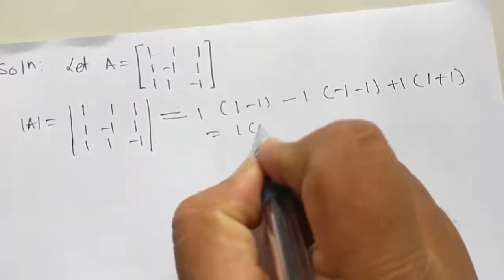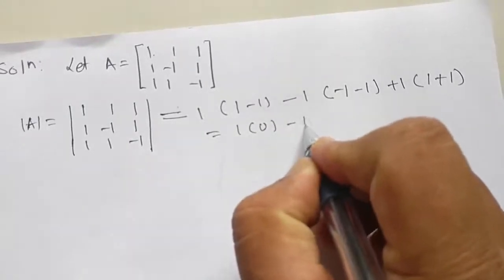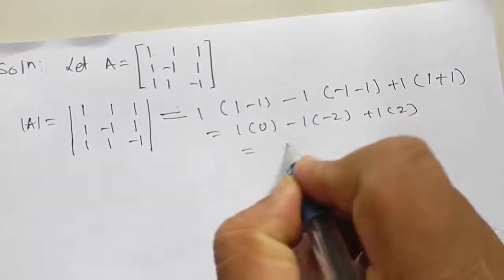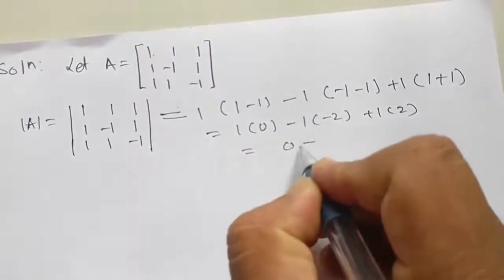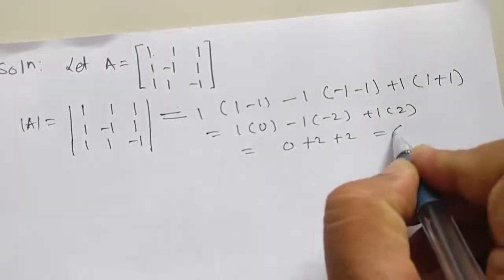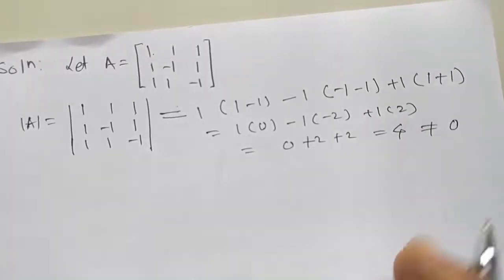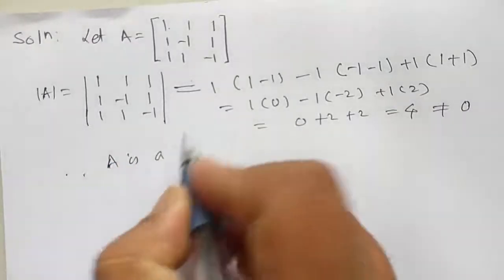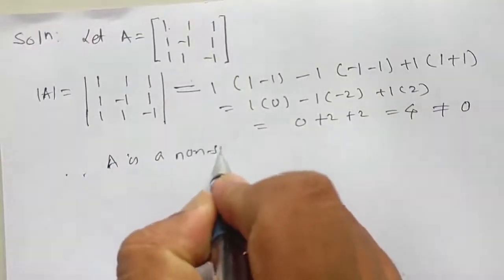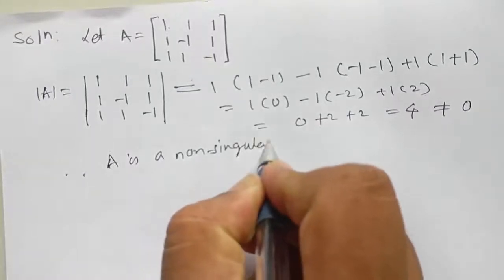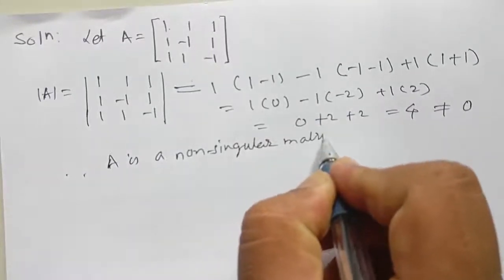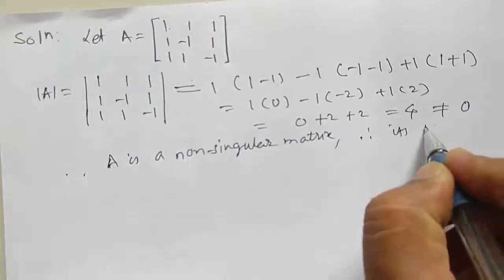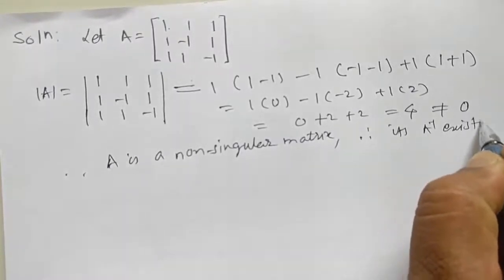So this is equal to 1 into 0 minus 1 into minus 2 plus 1 into 2, which is 0 plus 2 plus 2, equal to 4. This is not equal to 0. Therefore A is a non-singular matrix, and therefore its inverse, A inverse, exists.